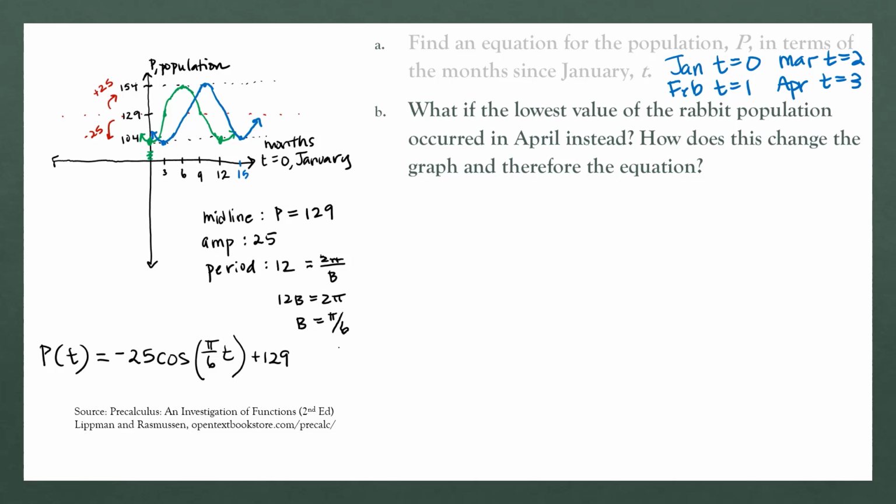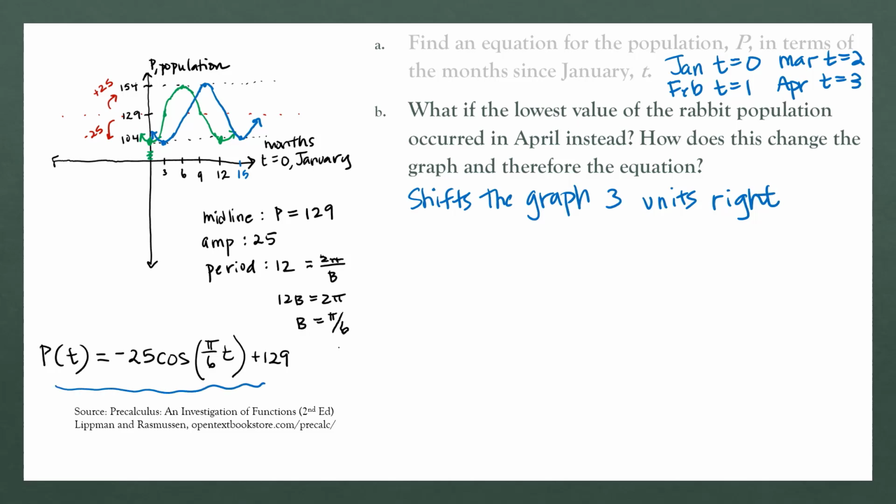All right, so how does this change the graph? It shifts the graph 3 units to the right. Okay, now how does that affect this equation? We know that things that happen to the horizontal axis affect the argument, the inside piece. And we also know that what happens to that inside piece is that it does the opposite of what you might think.